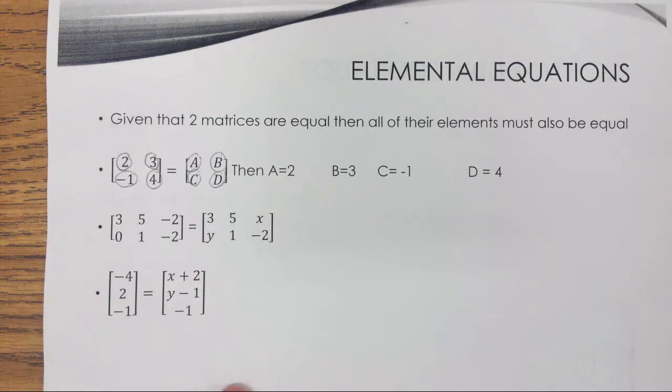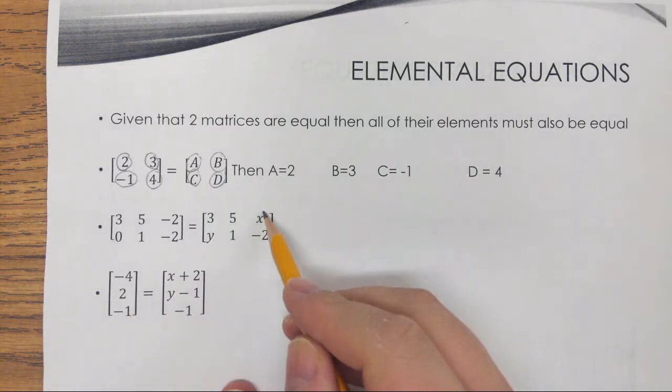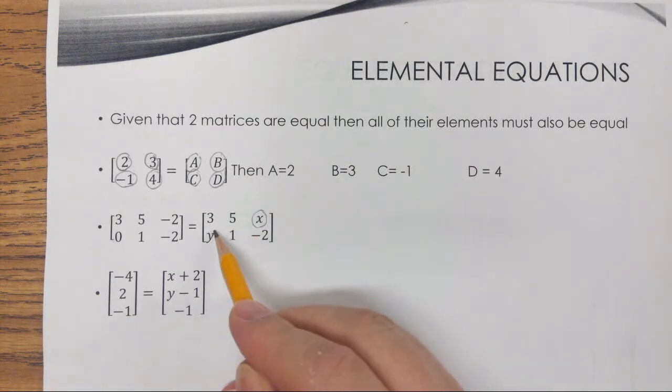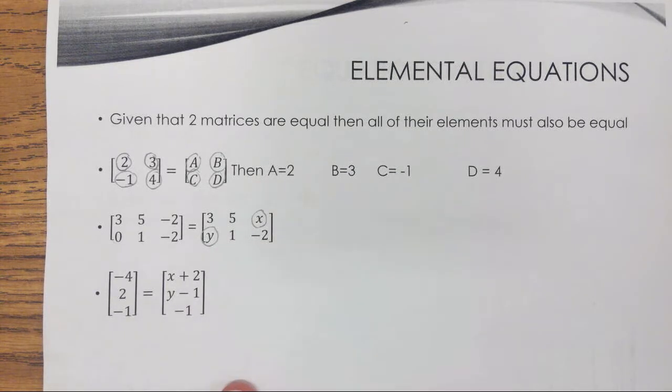Okay. So that's not real hard. Let's make it a little bit different here. I've got this matrix, and I say that that's equal to this matrix. Well, I'm trying to figure out what X and Y are equal to.